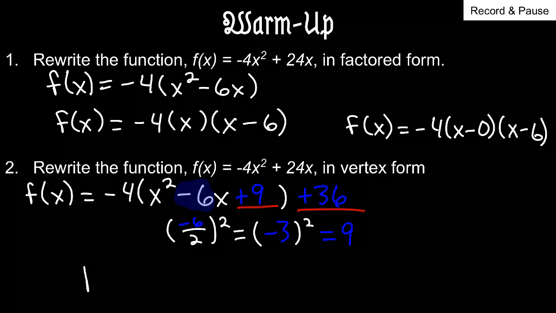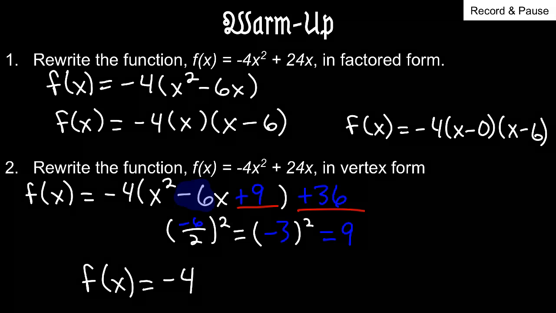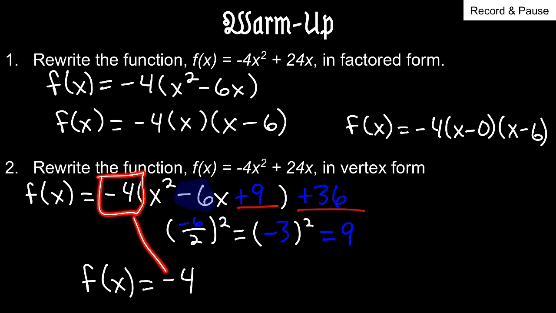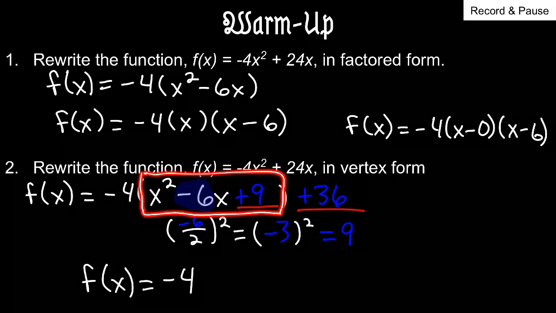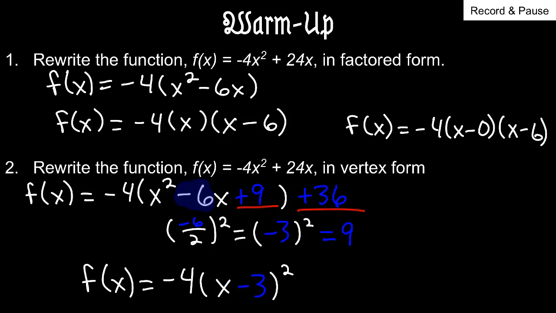All right, we need to finish writing it then in vertex form. So we have that -4 out front right there. It's still here. Now we have to rewrite this in factored form. And so it's going to be the quantity x, and then we take this, subtract 3 right here. X minus 3, that quantity is squared.